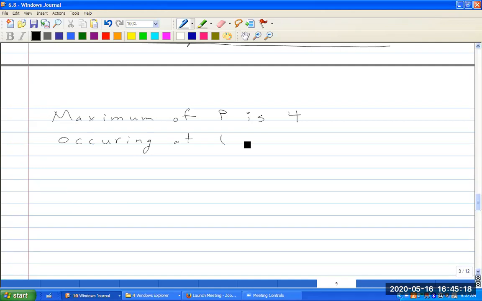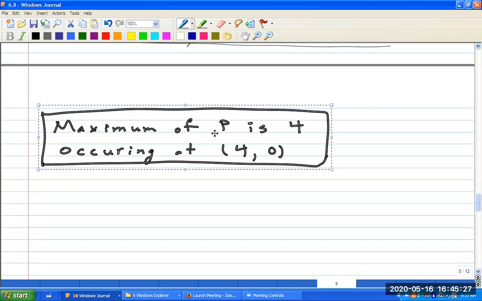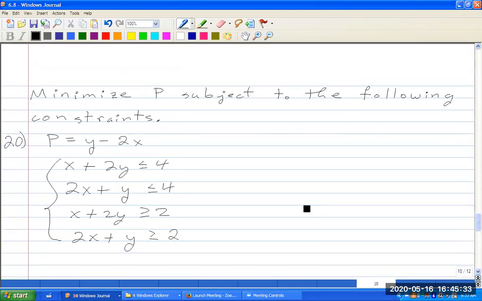And that's your answer. And so that's the idea of linear programming, is just to determine your feasibility region, and then find what the optimal value is.